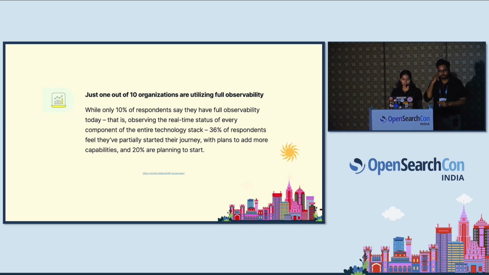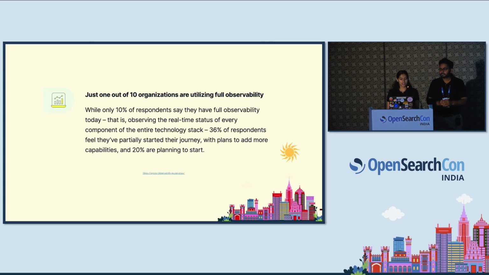I would also like to share that an analysis performed by Logz.io shows that just 1 out of 10 organizations is utilizing full observability, with only 10% of respondents saying they have full observability today, that is, observing the real-time status of every component of the entire technology stack.